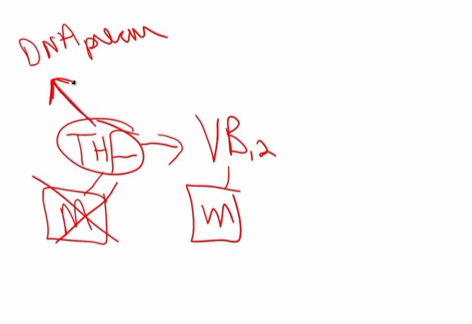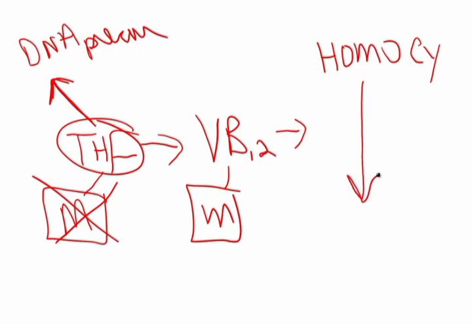Now once vitamin B12 takes the methyl group, it's as if vitamin B12 recognizes, hey, this methyl group is not cool, I need to get rid of it, and it very quickly passes it on to another molecule. And that molecule that it passes it on to is homocysteine. Now homocysteine accepts the methyl group, and when homocysteine accepts the methyl group, it becomes methionine.